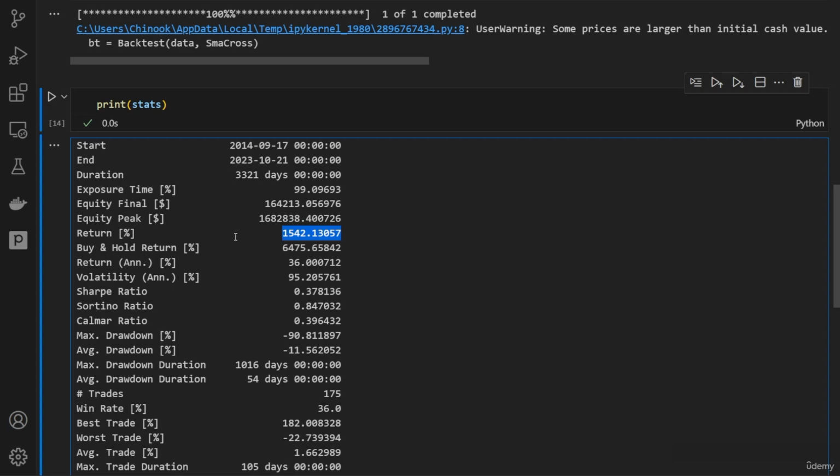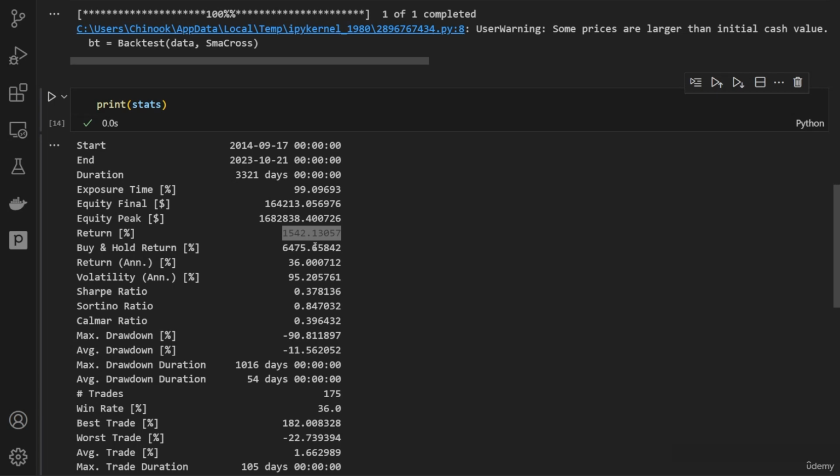I find this very useful, and you better keep it in mind in case you want to optimize your strategies in the future. So basically it's printing a pandas series object with various statistics such as the total return, the annual return, the maximum drawdown, and others, and we have access to all these details.